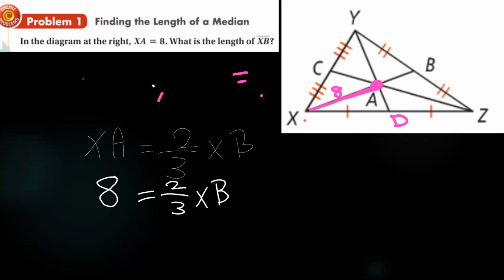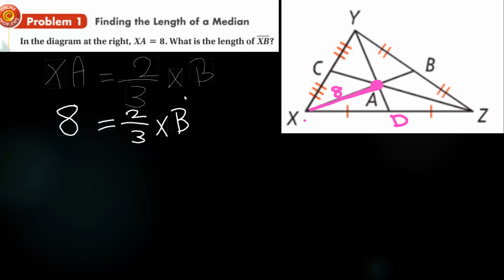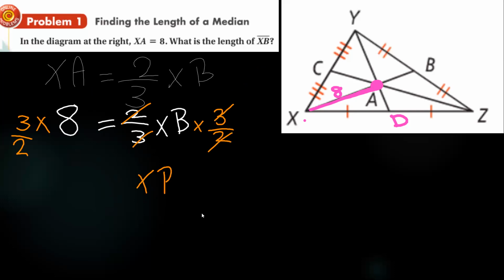I'll multiply the reciprocal of 2/3. Here I have 2/3. I need to cancel it, so I will multiply by its reciprocal. So it's cancelled. So XB will be 8 times 3 over 2.